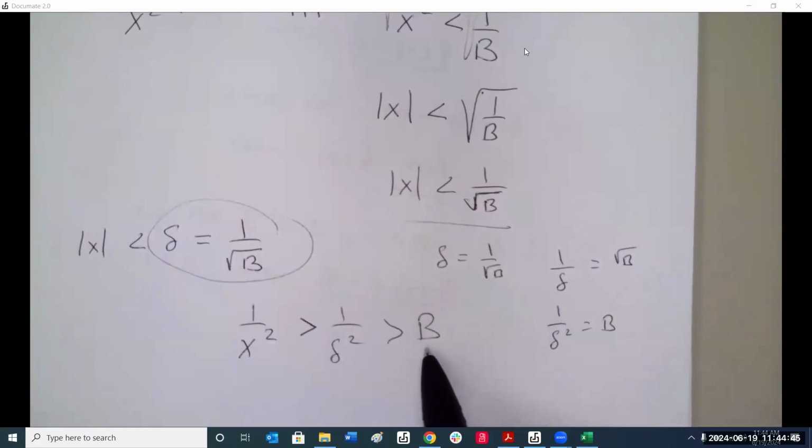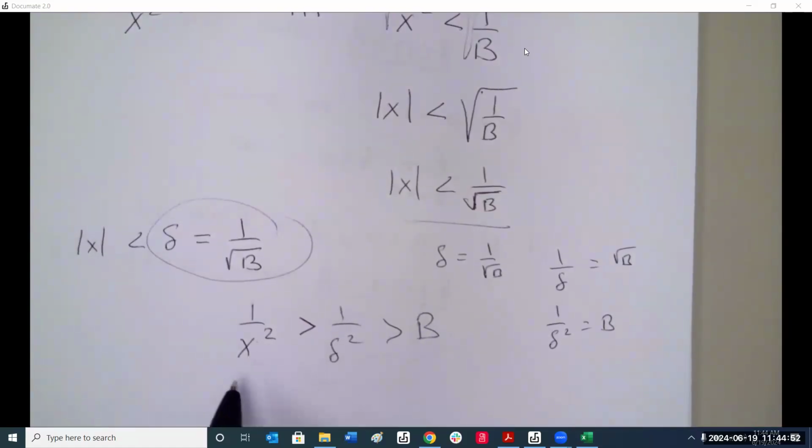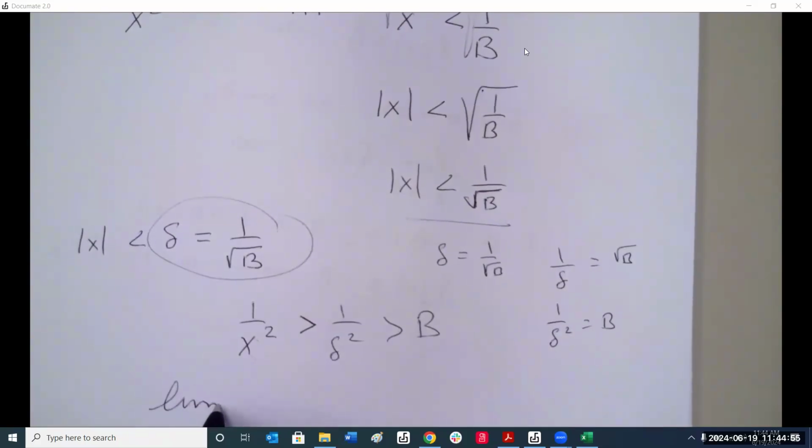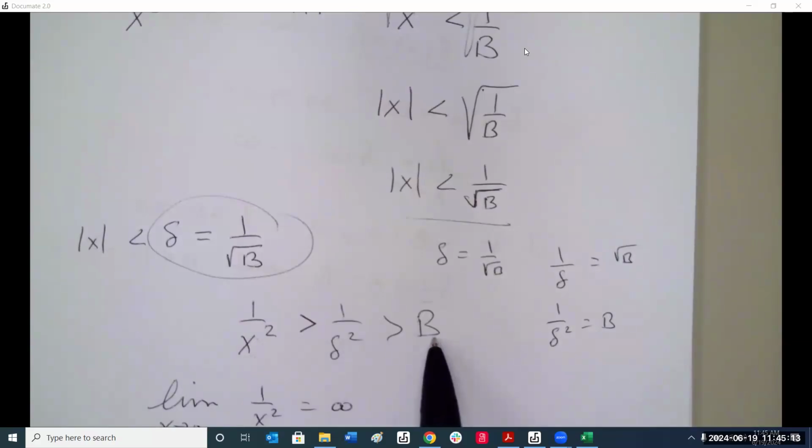Since b is a number greater than 0 and this is bigger, as x goes to 0, this number goes to infinity, which is what we're trying to prove. Because b is a positive number and b is less than this. So for any value b I pick, this number is always going to be greater. I can pick a value b, as long as it's greater than 0, I can pick a billion. This number is going to be bigger than a billion. So where does it go to?